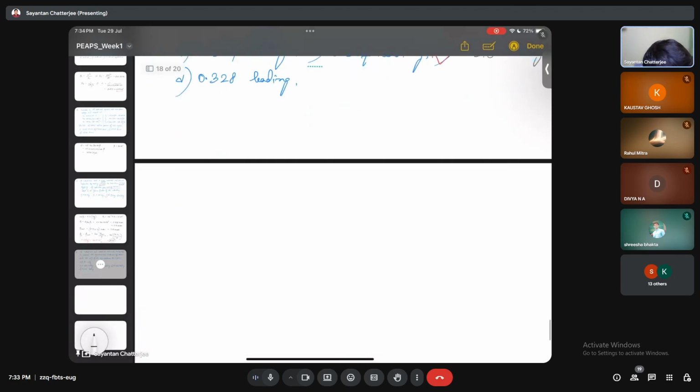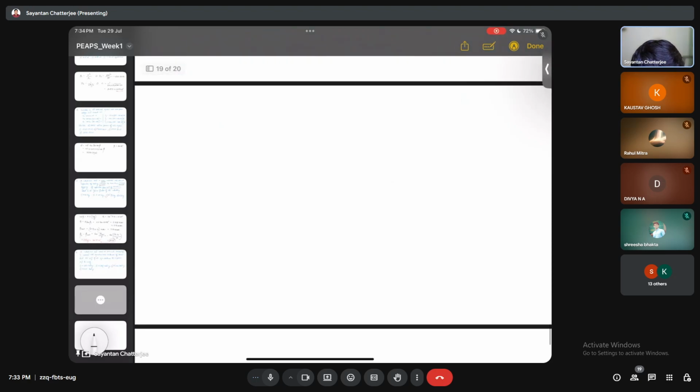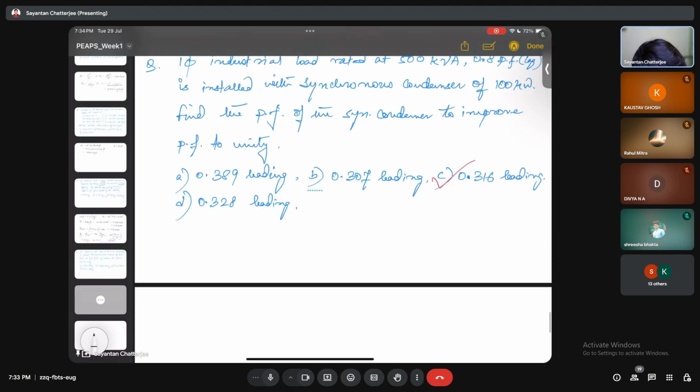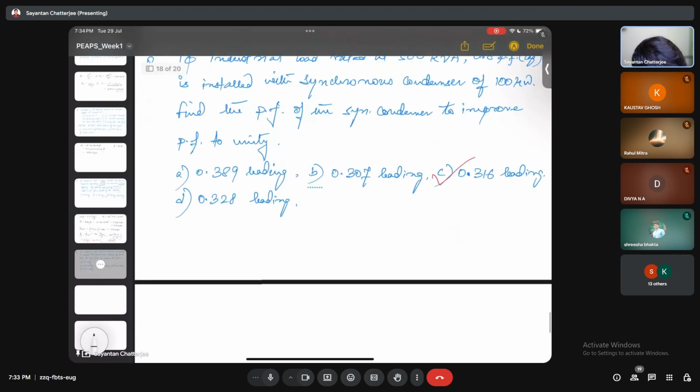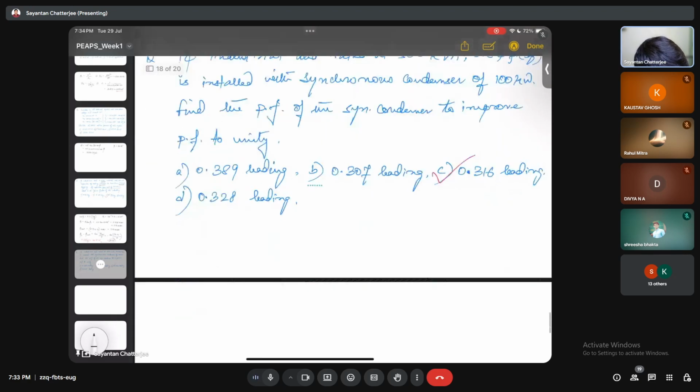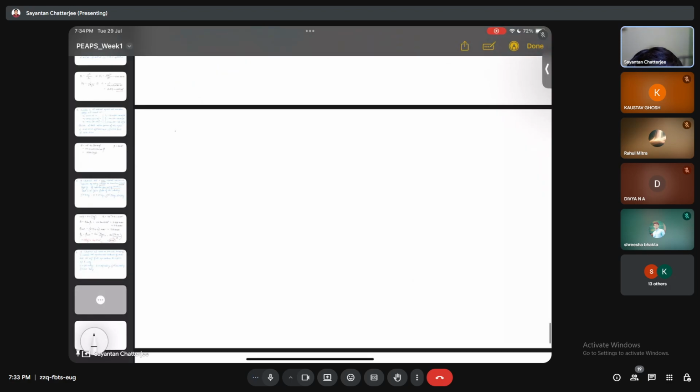It is given that the power factor is 0.8 lagging, and the kVA rating of the industry is given. So the active power of the industry is 500 into 0.8.